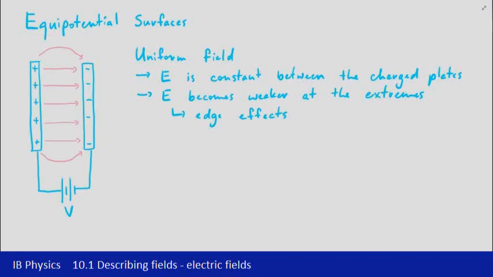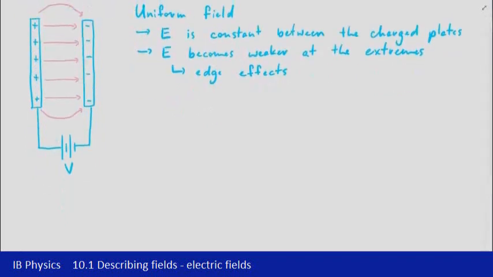As we go through with equipotential surfaces, it's a little bit easier to explain by using uniform fields. We will then extend that to look at other fields around other scenarios when we get back into class. So to take this a step further then, if you are moving a charge in a field, whether it's a uniform field or not, work is only going to be done when you move against the field.